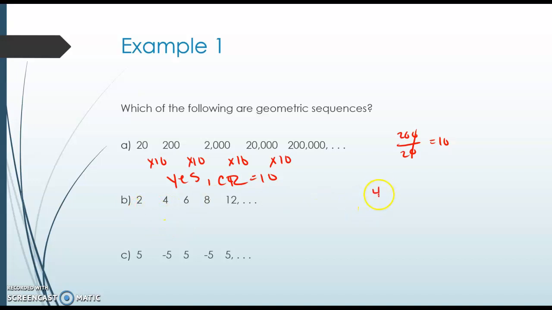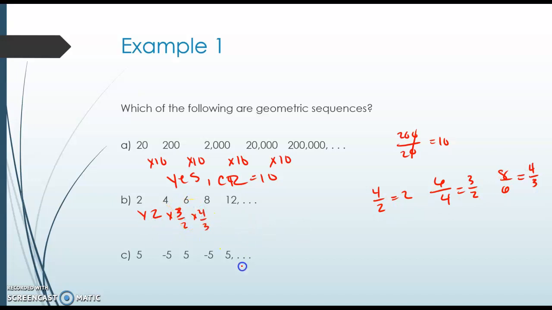If I do 4 divided by 2, I get 2, so this is times 2. But if I do 6 divided by 4, I get 3 halves. So this would be times 3 halves, or 1.5. And then if I do 8 divided by 6, I end up with 4/3. So this would be times 4/3.